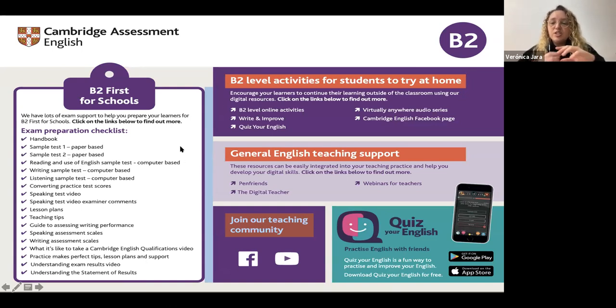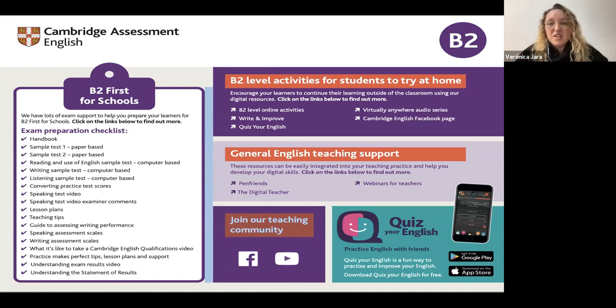This is a sort of support pack that Cambridge Assessment English has prepared for us free of charge, right? I think it's very, very useful for all of us.